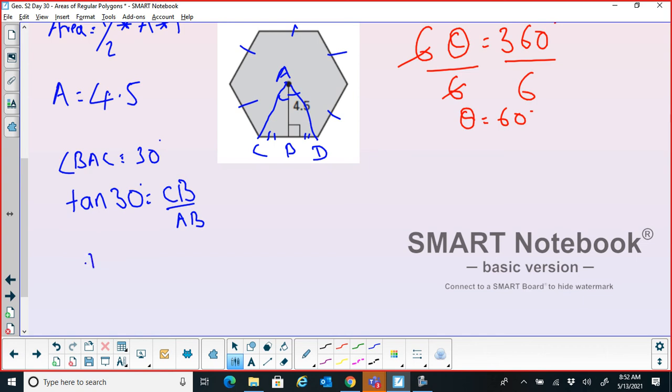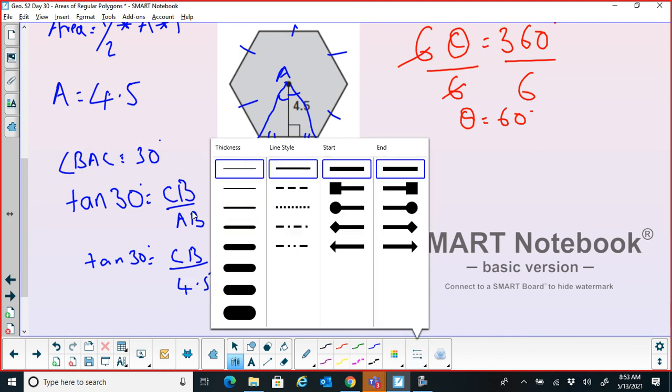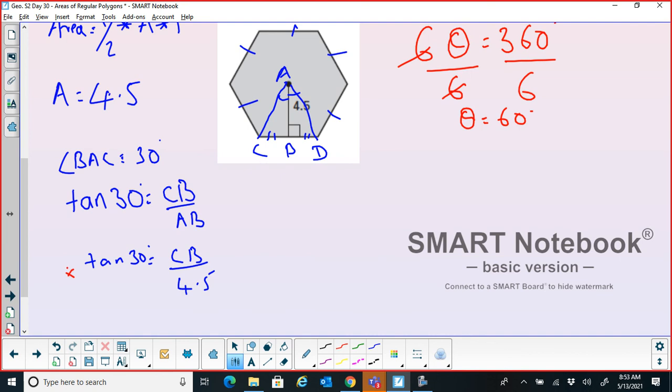Or you can just substitute here whatever you know as of now. Tan 30, you know the value of AB, but you don't know the value of CB. AB was 4.5, so multiply by 4.5 on both sides. These two will get crossed out.